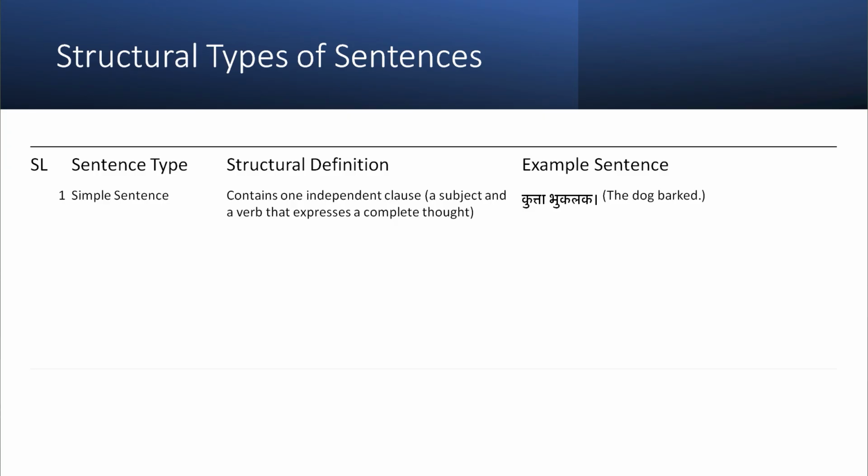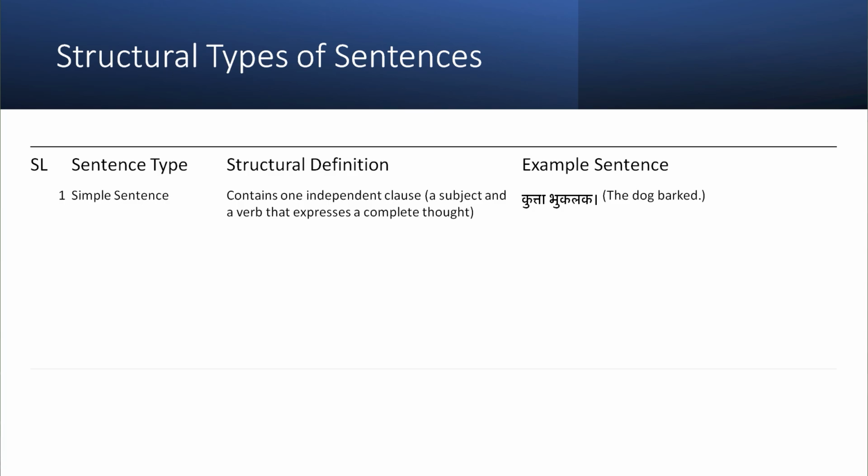If we talk about structures, what are the different structural types of sentences in Maithili, English or any language? It would be the same, it is a universal feature. The first one is the simple sentence, which contains a subject and a verb that expresses a complete thought.